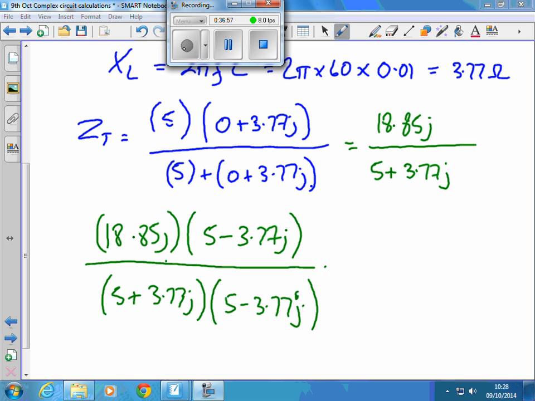And what happened here? Remember, the result of this is always that the J disappears, and the result is this number squared plus that number squared, a constant.